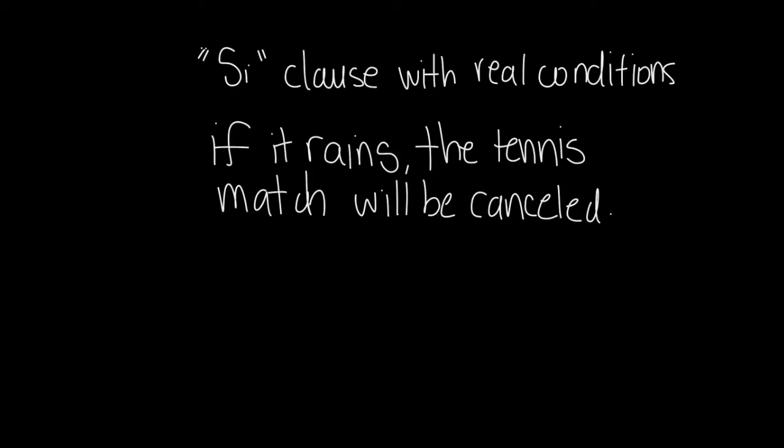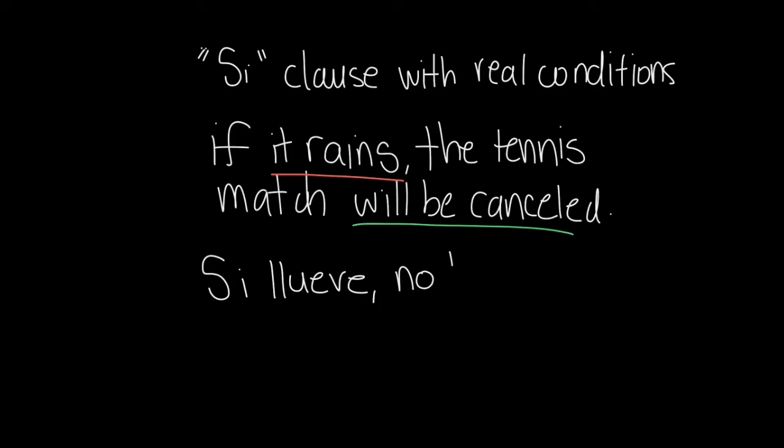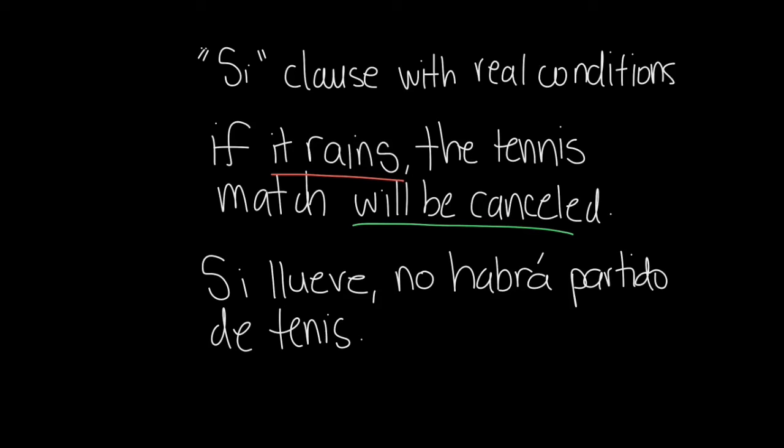So we know that there is a probability that it's going to rain. As a result, that is our real condition. The equivalent in Spanish will be, si llueve, no habrá partido de tenis. Notice that the verb after the si is in the present, and the verb in the second sentence is in the future tense.